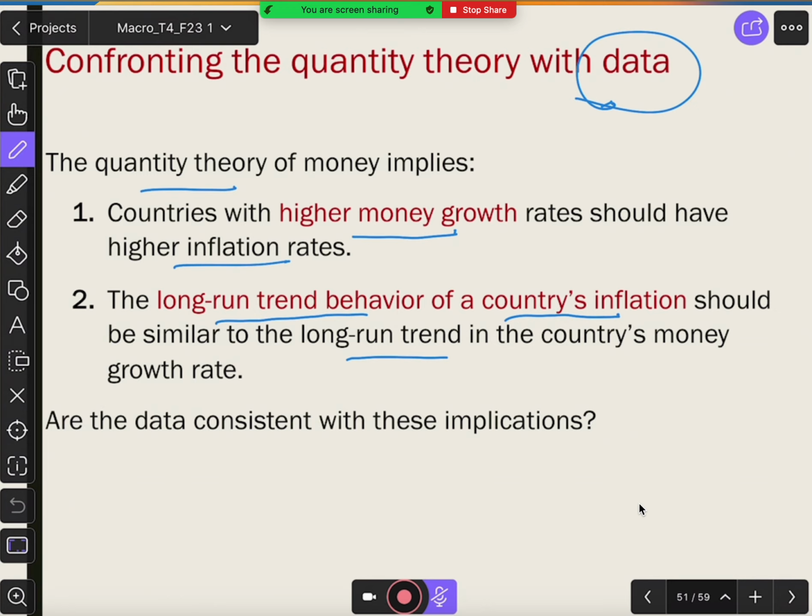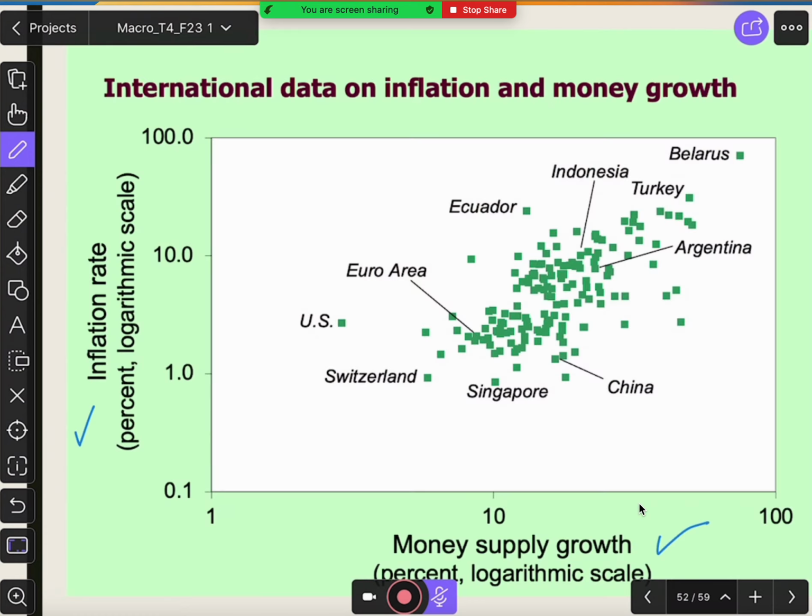So let's see whether we can see that in the data. Getting data for a group of countries, on the x-axis you have the growth of money supply, and here we have inflation. We have a scatter plot. This is called a scatter plot when you see these dots.